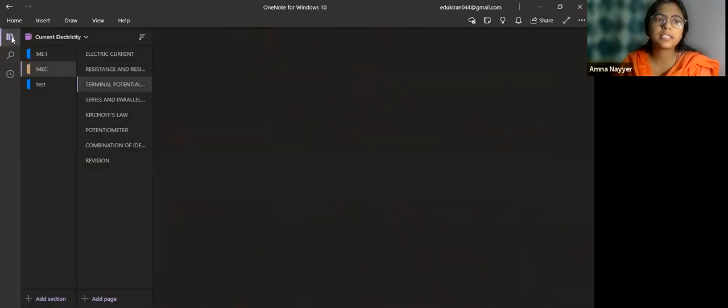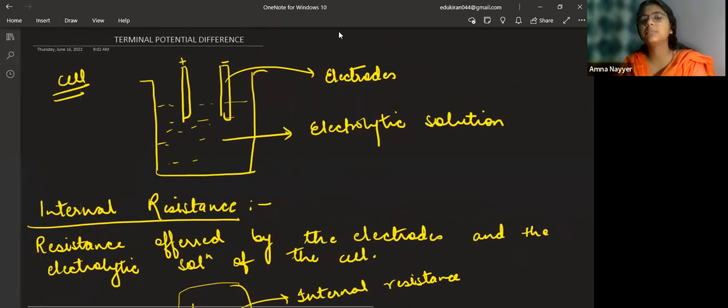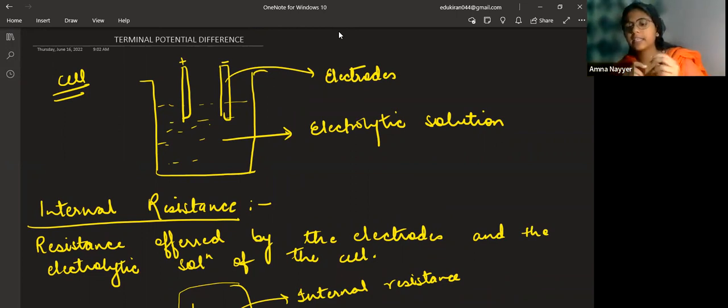Lastly, what we'll discuss in the theory part for today is terminal potential difference and EMF. Before we start with that, you should remember internal resistance. So far we have only discussed resistance. But when the circuit is connected, it is connected to cells as well. Under the cells, you have electrodes, and the electrodes are dipped into the electrolytic solution.